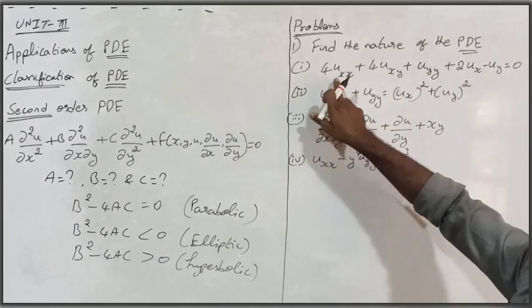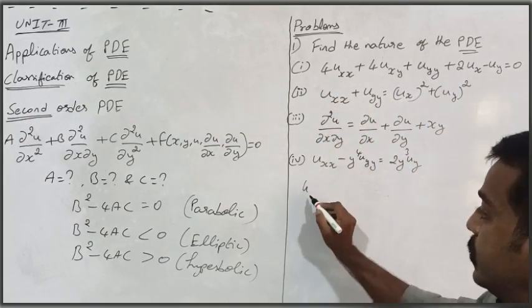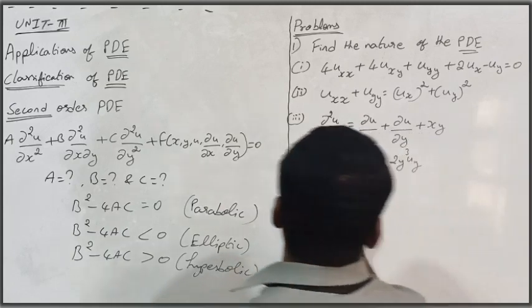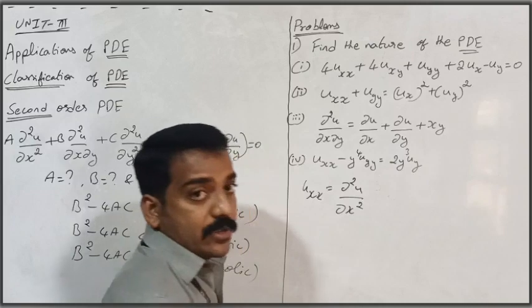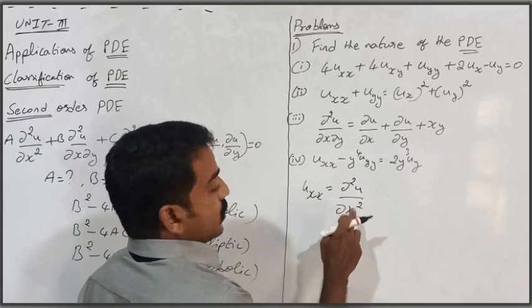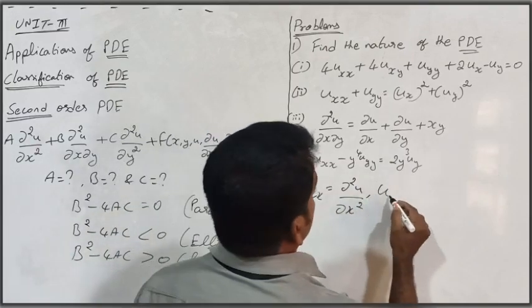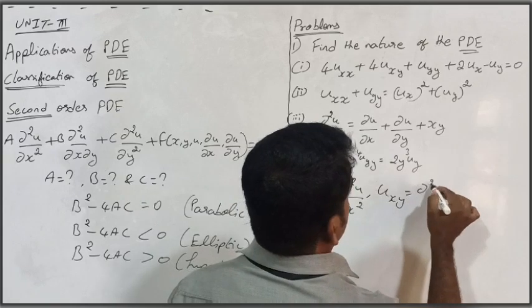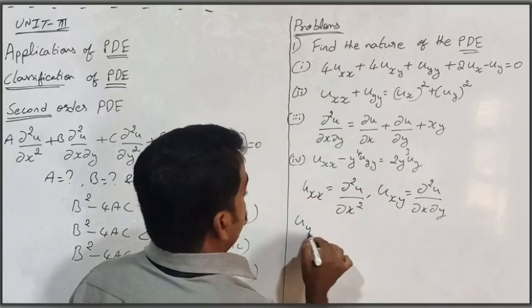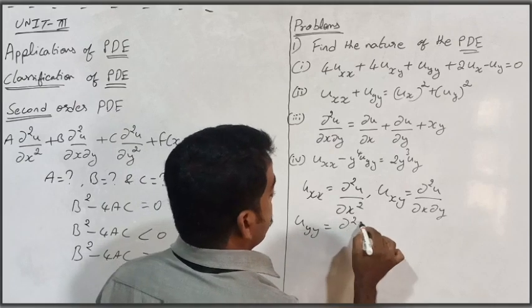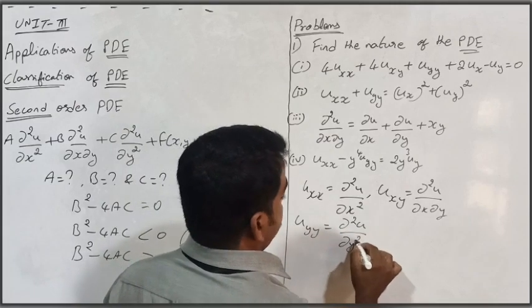Here, uxx is nothing but dou square u by dou x square, uxy is equal to dou square u by dou x dou y, and uyy is equal to dou square u by dou y square.